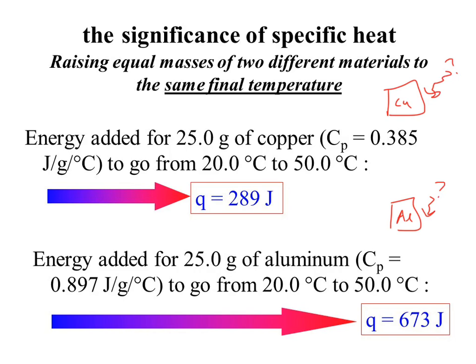Notice that in both cases we want to heat to the same temperature. That's kind of the process of what we have going on. So with all that in mind, if we pick on aluminum with the higher specific heat, can you see where we can get to the same final temperature, 50 degrees Celsius, but check out what we got to pump in.